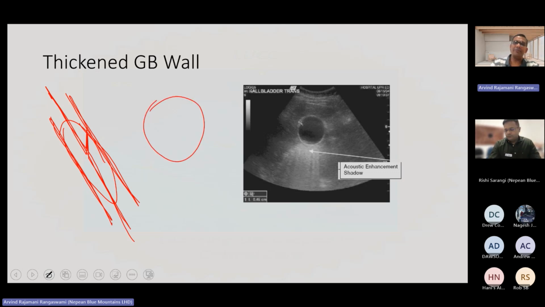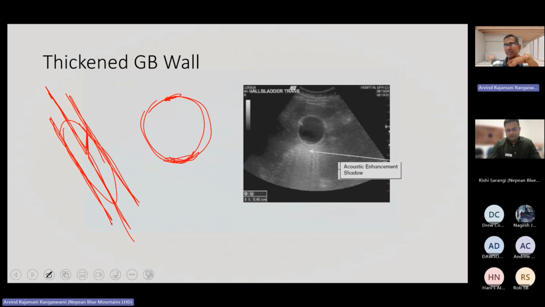However, if you rotate the probe and make it a perfect circle, then you can just go anteriorly and measure it along the anterior edge of the gallbladder here. Okay. You should avoid the measurement posteriorly.